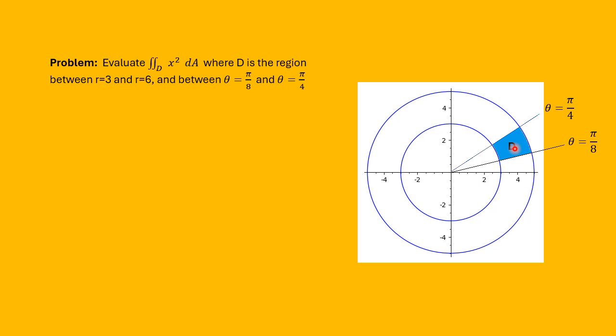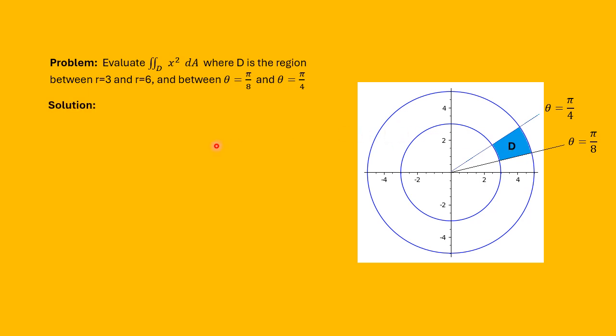If you look at this, this region is bounded by this circle r equals 3, and this circle out here, which is r equals 6, and two rays coming out from the pole, theta equals pi over 8 and theta equals pi over 4. Okay, so this is the region that we're going to be integrating over.